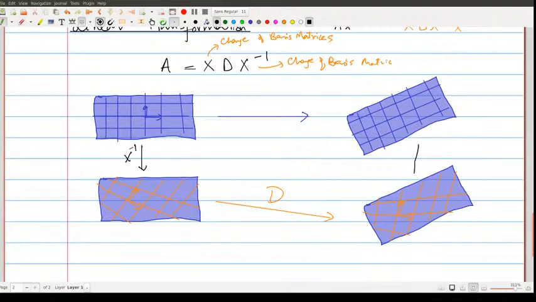So multiplying by x reverses the basis and gives us the same space as the original space. The idea is that going directly from this space to this space is the same thing as first changing the basis, multiplying by the diagonal matrix, and then reversing the basis again, right?